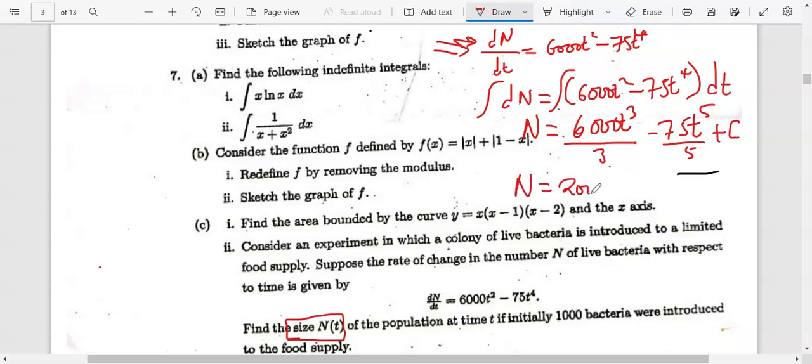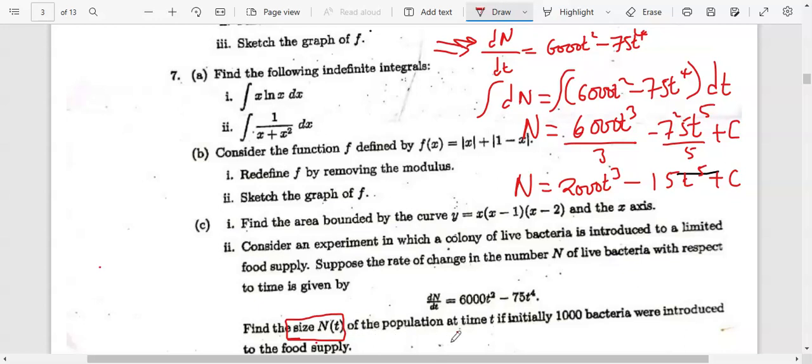So n is going to be 6,000 divided by 3, that is 2,000 t to the power 3, minus 75 divided by 5, which is 15, t to the power 5, and then plus c.